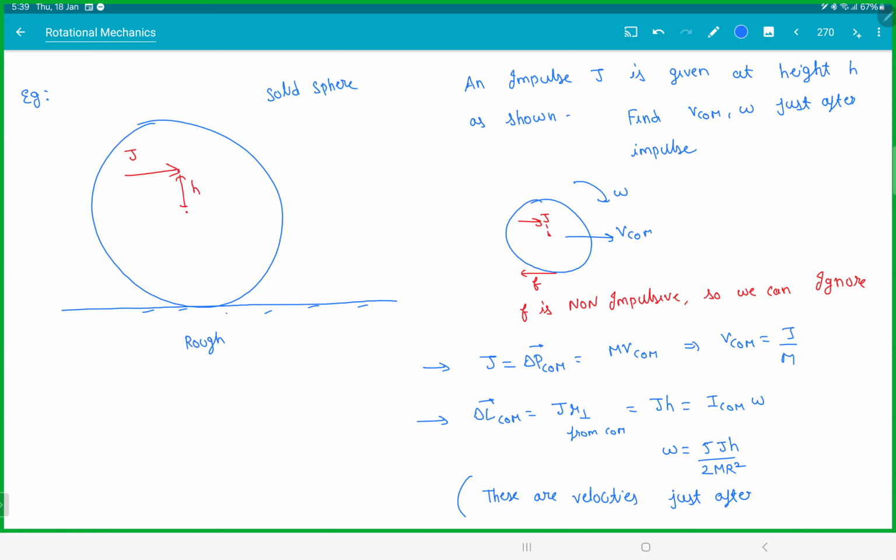After, if you give some time, the friction will come into the picture and mess up the whole thing. Just after impulse, no slipping, nothing you will do. Impulse is simply change in linear momentum, angular impulse is change in angular momentum, story done. Have a look at this.